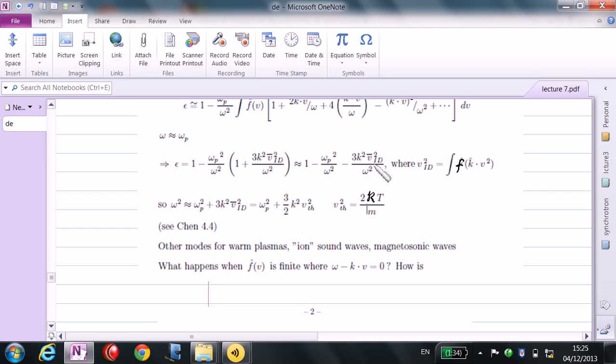Anyway, the point is, it's the thermal velocity squared over, and it's affecting the phase velocity.